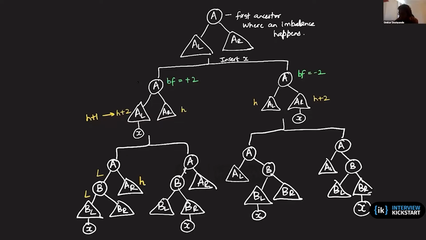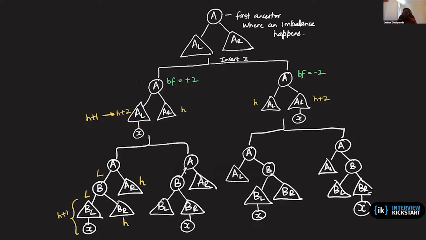So that means the new height is now H plus 2. That means this height must be H plus 1. Because if the new height of A sub L is H plus 2 and X was added on the left side, it's that left side which must have the height of H plus 1. The right side must have a height of H. Why?